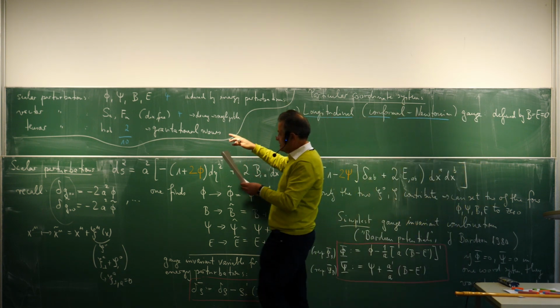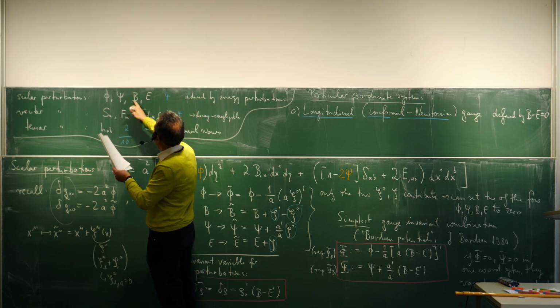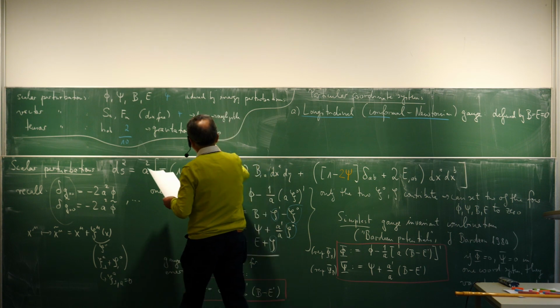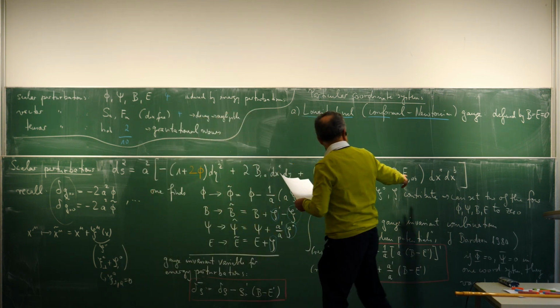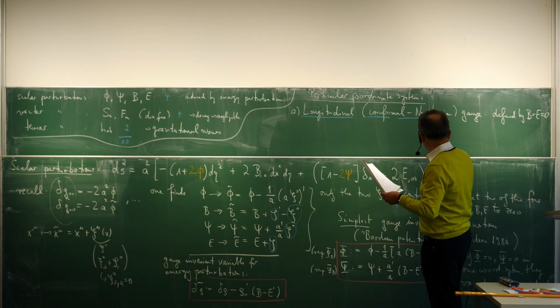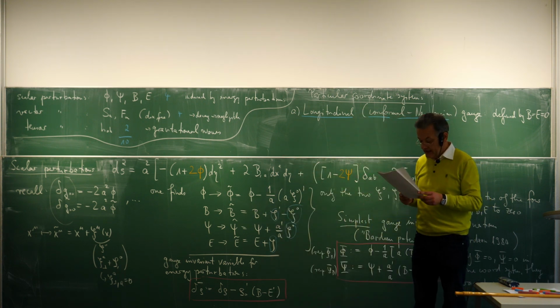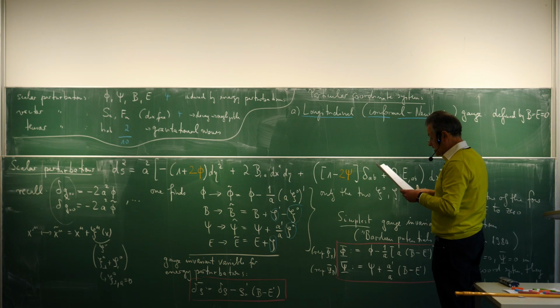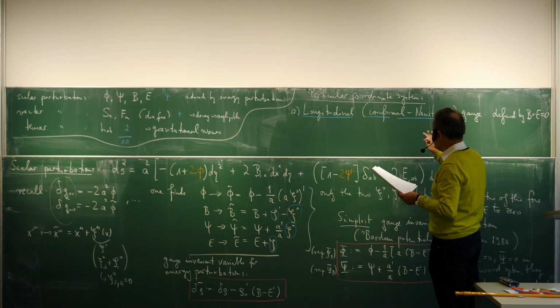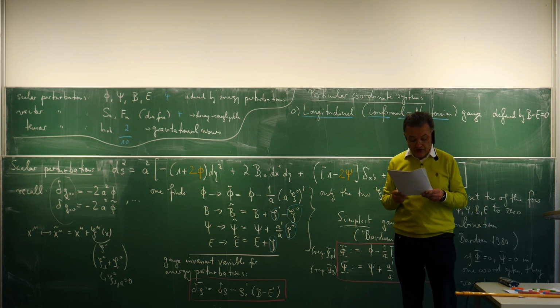If you had B, the derivatives with respect to x here, and E, the second derivative, they would contribute to the non-diagonal elements, and those are set equal to 0. One can show that this fixes the coordinate system uniquely.